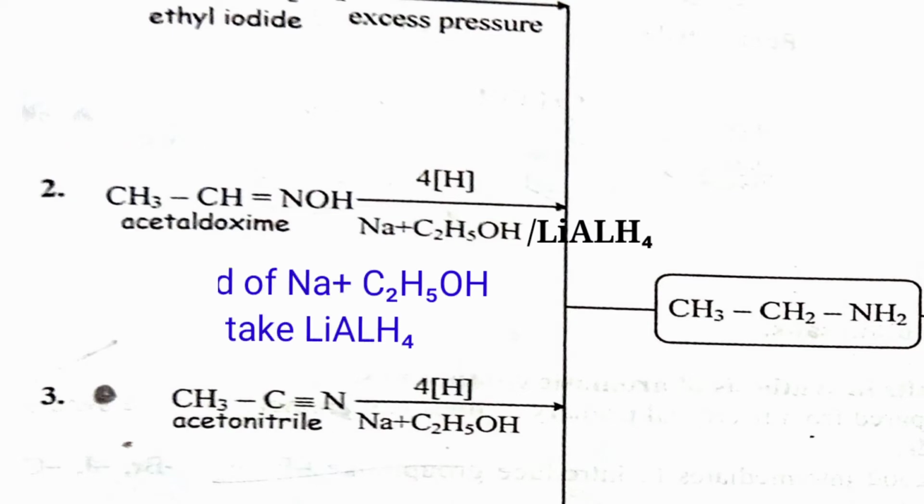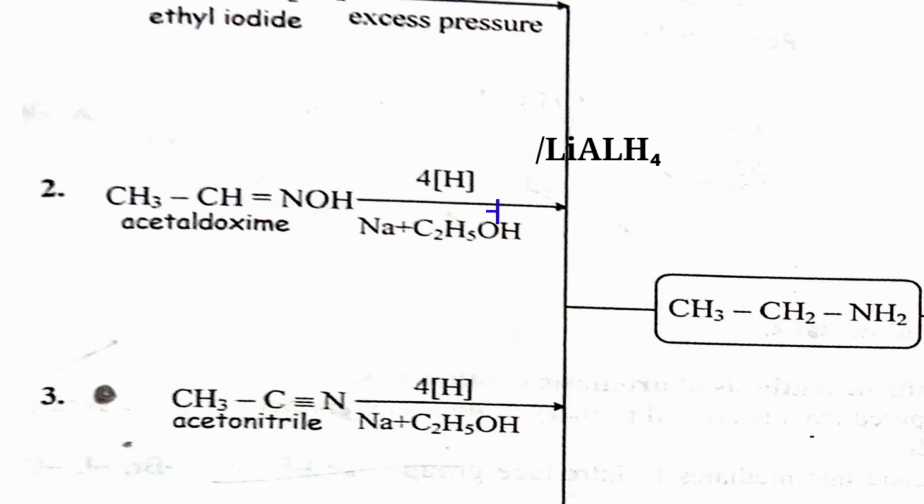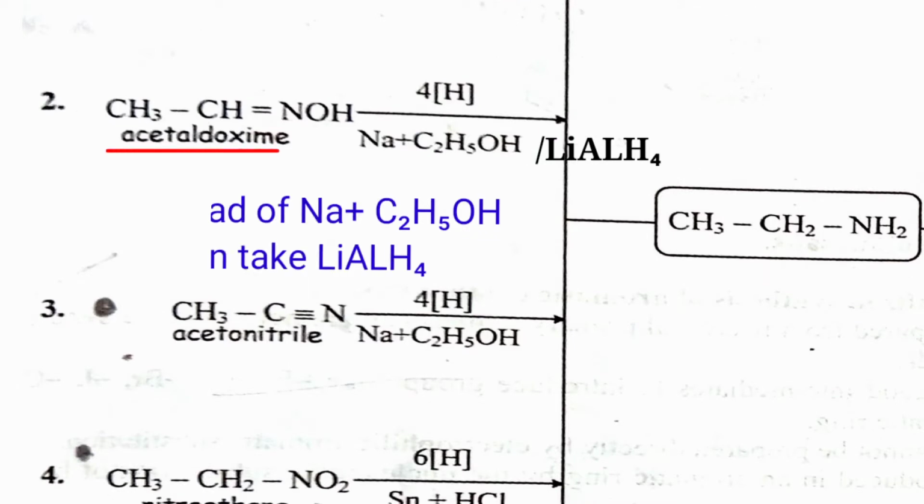Next, this is not given in the book. However, the reaction is very simple. We are going to discuss acetaldoxime. After reduction with hydrogen, we are getting the product amine.